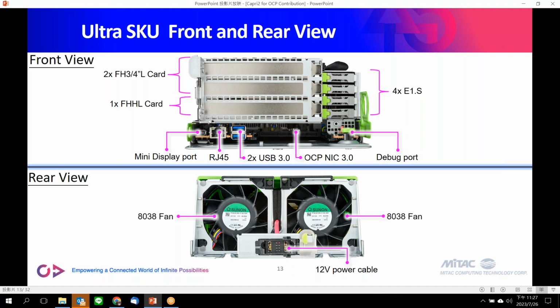Now this is a front view for the Ultra SKUs. You see the top two PCI slots that can support one SKU card, and also there is the one 4 high length card. In total there are 3 PCI cards, 2 by 16 and 1 by 8.